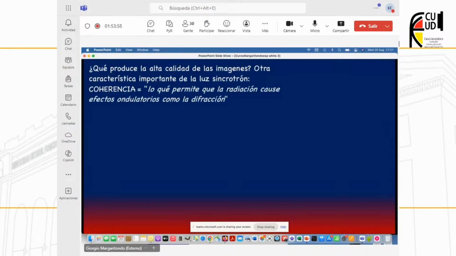In simple terms, we can say that coherence is the property that allows radiation to cause wave-like effects, like diffraction or interference. In normal life, there are a lot of light sources around us, starting from the sun and lamps and so on.